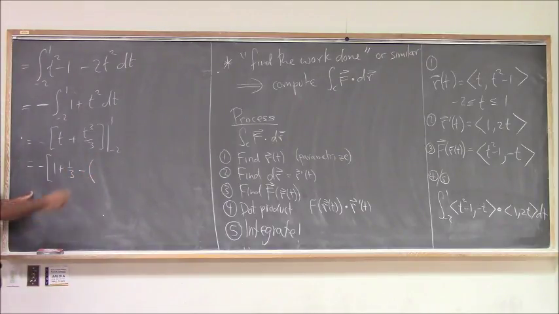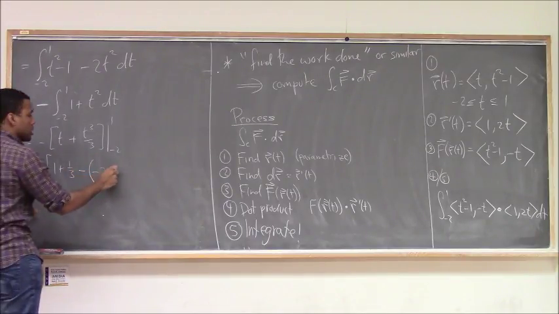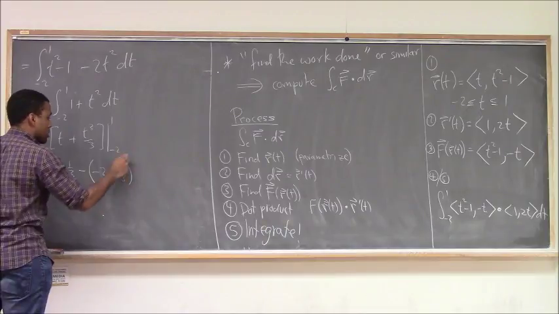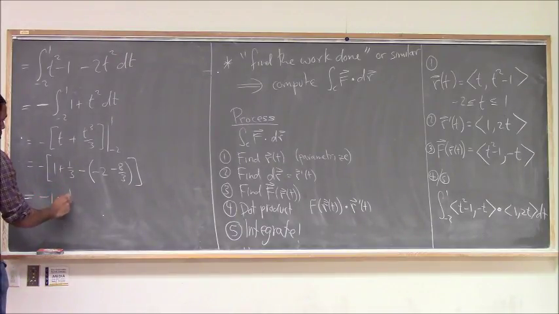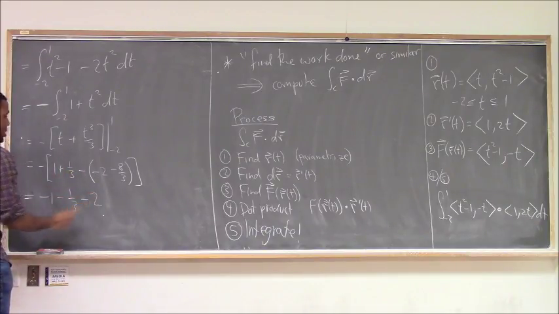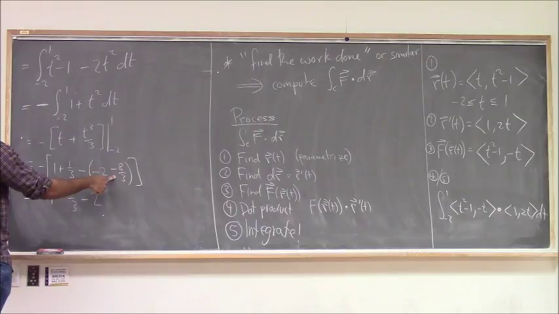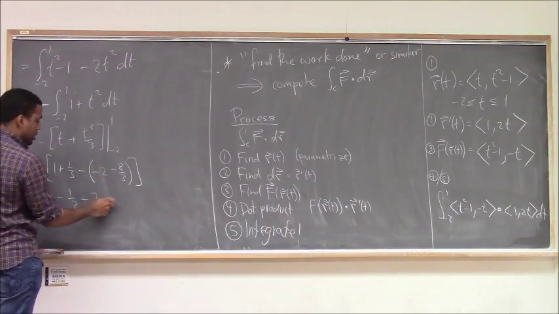So plug in 1, minus, plug in negative 2. That's a minus 1 minus a third. This would be a plus 2, minus 2. This would be a plus 8 over 3 and then a minus 8 over 3.